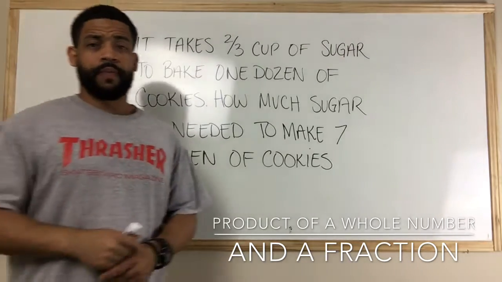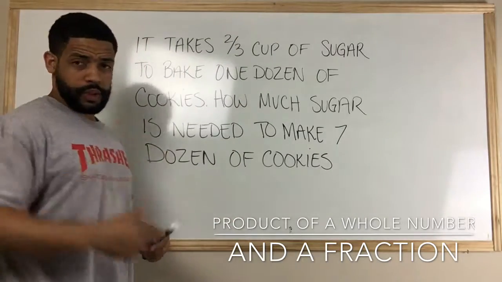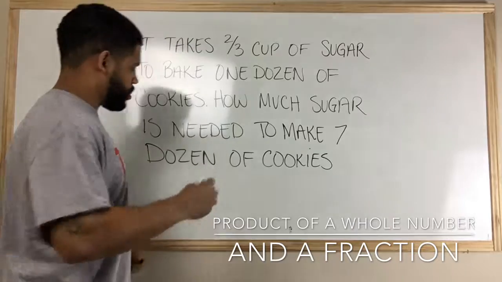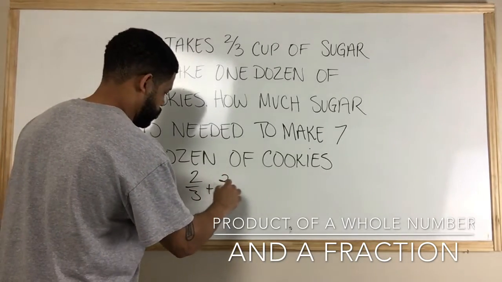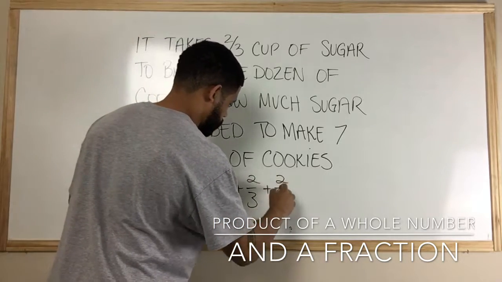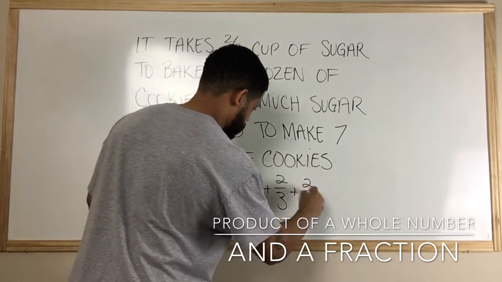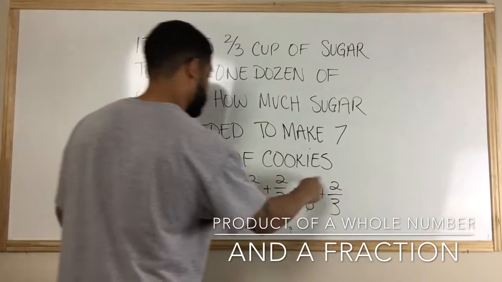Okay, so if it takes 2/3 cups of sugar to make 1 dozen, let's stretch it out. 2/3, 2/3, and so on, 1, 2, 3, 4, 5, 6.